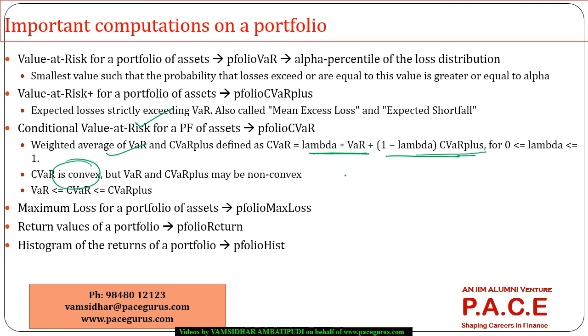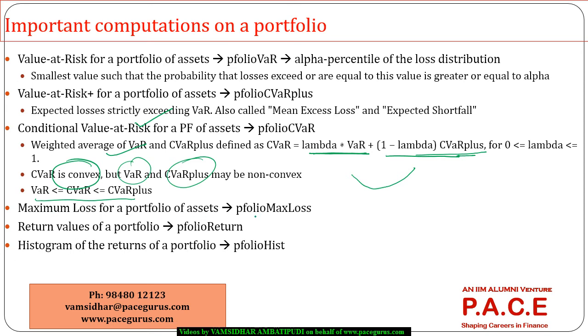CVaR is convex, because you may see depending on the lambdas, it may go down, and after a particular value of lambda, the overall CVaR can keep increasing. But VaR and CVaR plus are non-convex. And the typical relationship that you see is that CVaR, conditional value at risk, lies between the value at risk and CVaR plus, which is the expected shortfall.